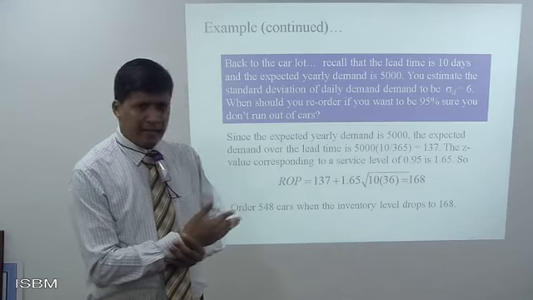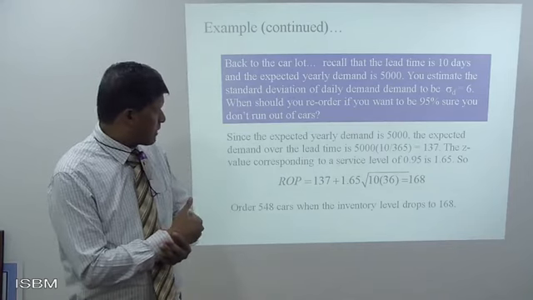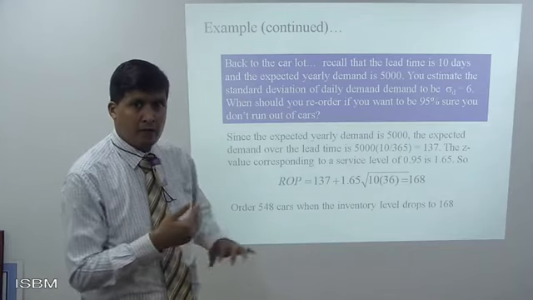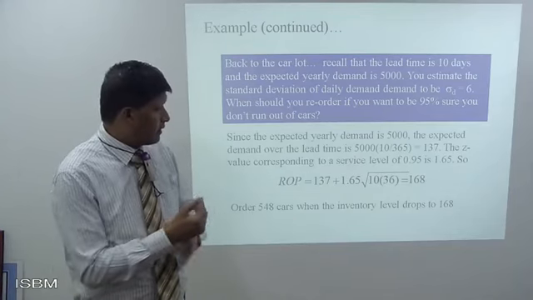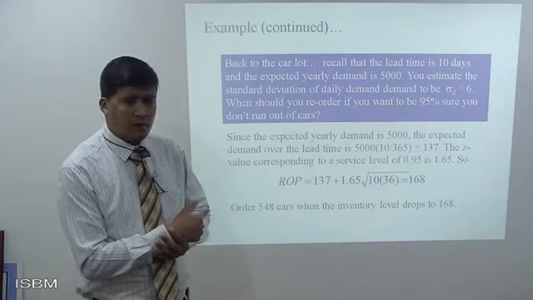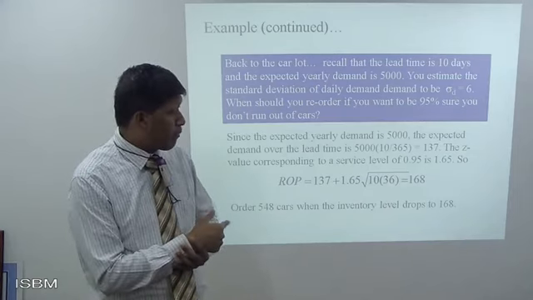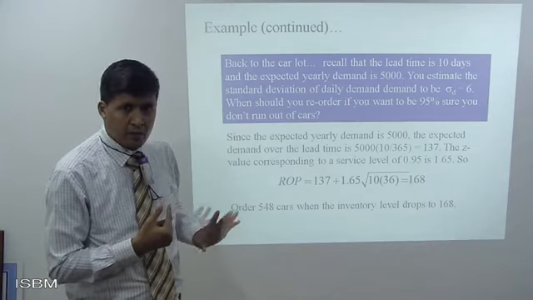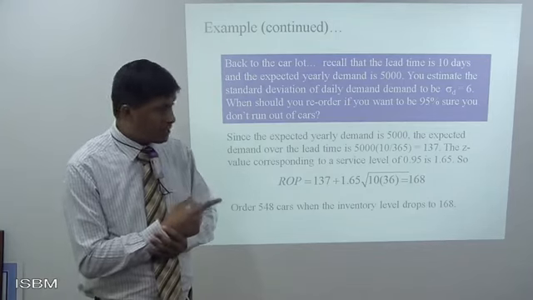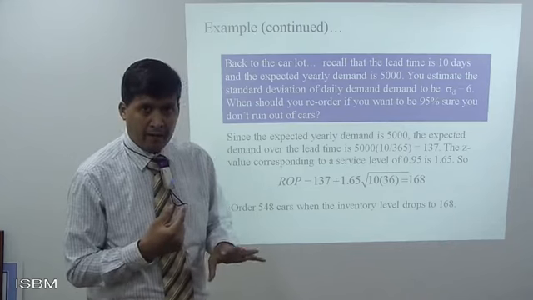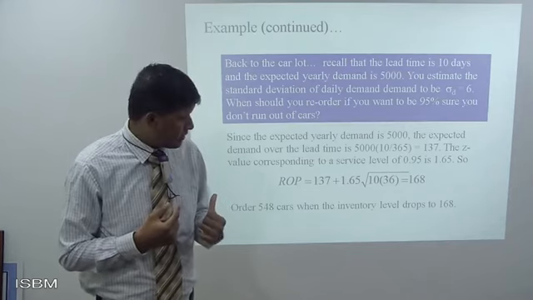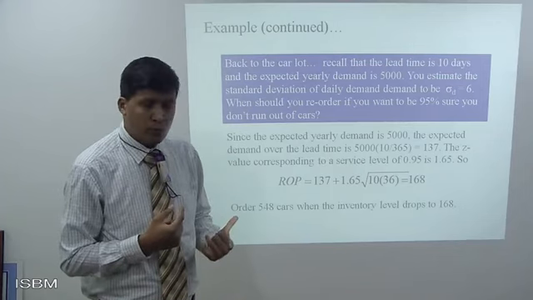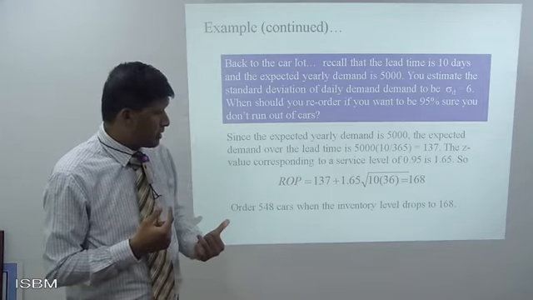Since the expected demand is 5,000, the expected demand over the lead time would be 137. Now we are introducing the standard deviations. With a service level of 95, that is 0.95, Z is 1.65. So the reorder point would be 137 plus 1.65 times the square root, which is equal to 168.